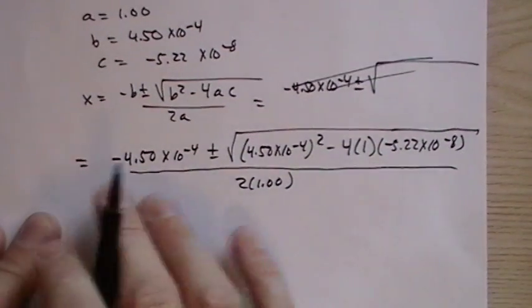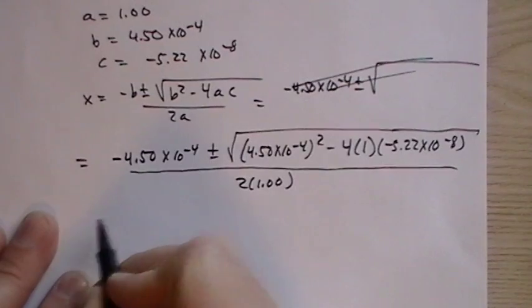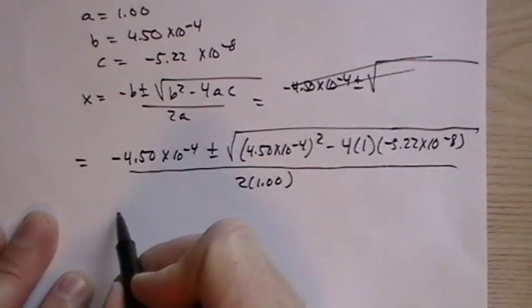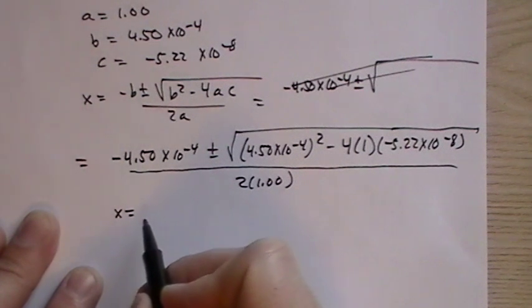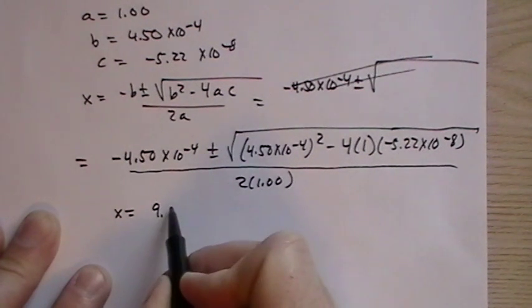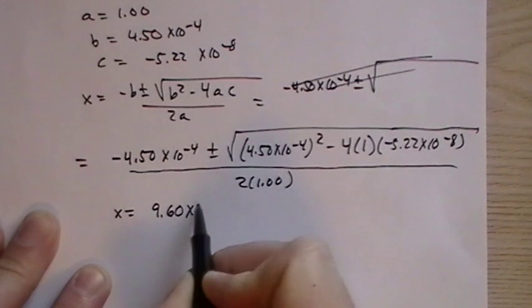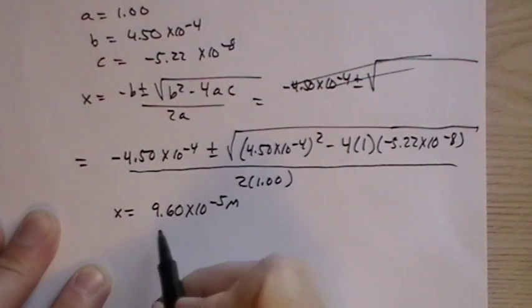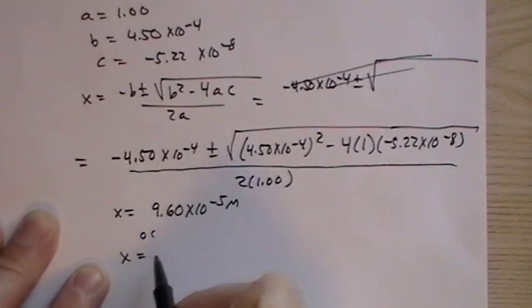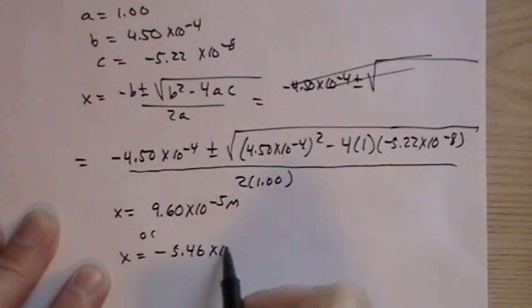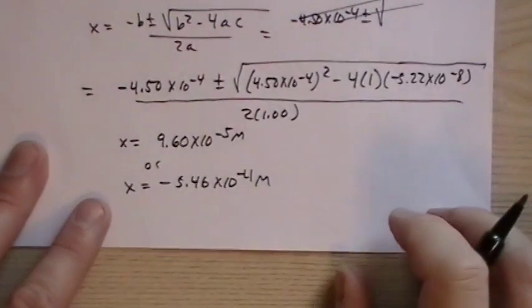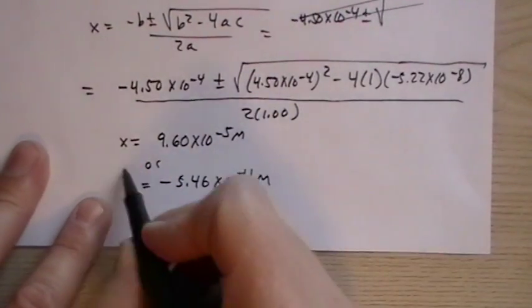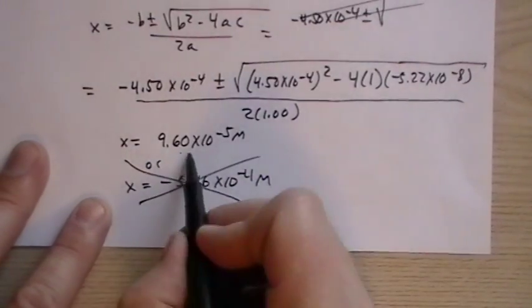So if you work this out, I'm going to let you do that because now it's just a matter of getting the numbers, the two different numbers, and we have x will equal either 9.60 times 10 to the minus 5 molar, or x will equal negative 5.46 times 10 to the minus 4 molar. Well, this is negative. It can't be the answer. This has to be the answer.